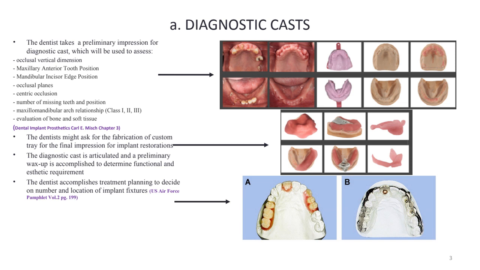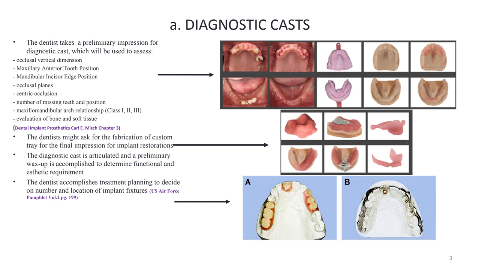The number of missing teeth and their position is also very important because, like I said, the natural teeth, when they have an empty space next to them, start to shift a little bit. So that changes the planning of the surgery and also the way we're going to design the final restoration.